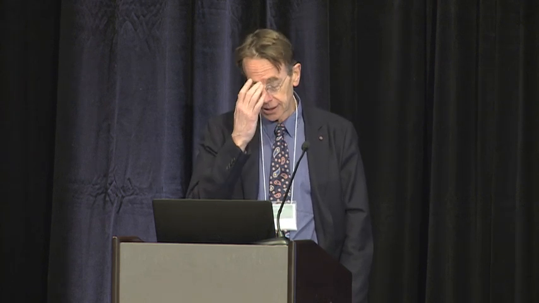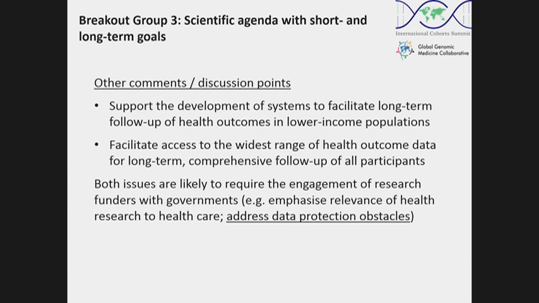Finally, under our kind of other comments, there were 2 points that we wanted to make. One was supporting the development of systems to facilitate long-term follow-up of health outcomes in lower income populations. So the example of India, Africa, I suppose, as well, would be a good example.